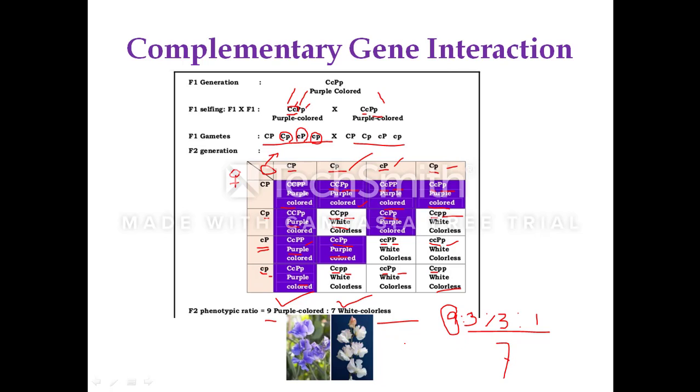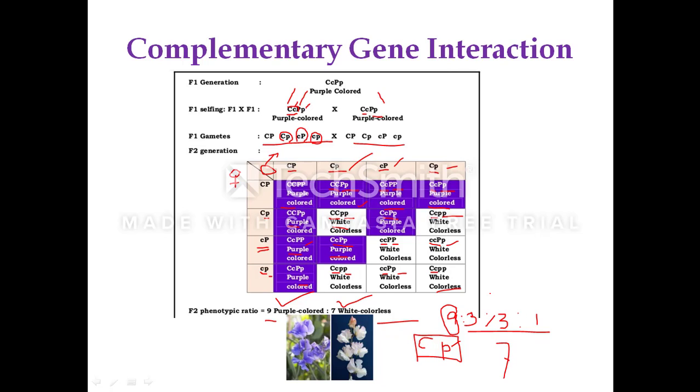That's mainly because 9 plants have capital C and capital P either in homozygous dominant condition or in heterozygous condition. Both capital C and capital P are present in these 9 plants. That's why purple flower.